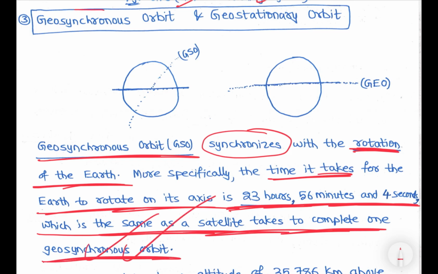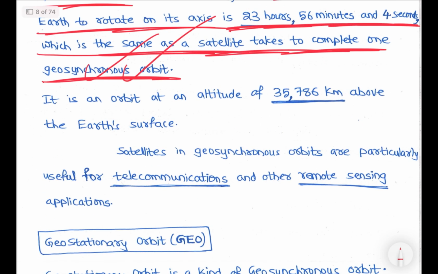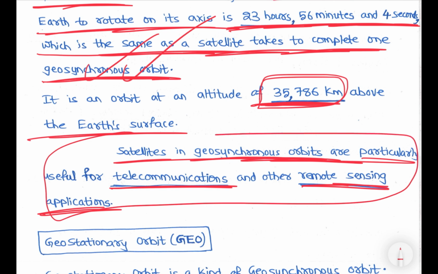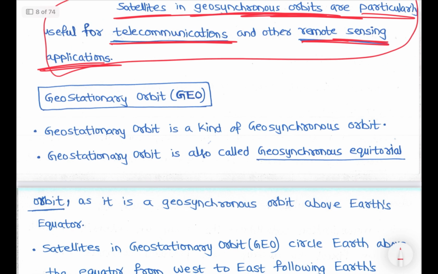That's why they are called geosynchronous, synchronous with the Earth, right? Then it is an orbit at an altitude of 35,786 kilometers above the Earth's surface. Satellites in geosynchronous orbit are particularly useful for telecommunication and remote sensing applications. See, yeah, these things we'll be understanding while studying about satellites, right? ये इसी टॉपिक में पढ़ेंगे, right? We'll get better understanding, right?